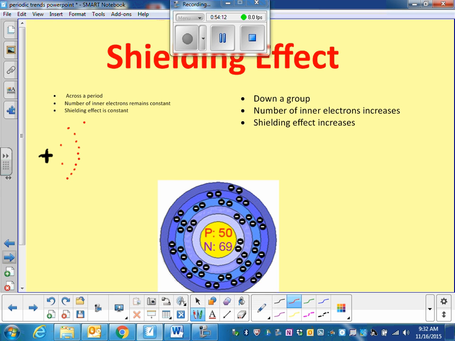The third energy level, there are electrons. Now, you have a valence electron. These are your core electrons. Write that down.